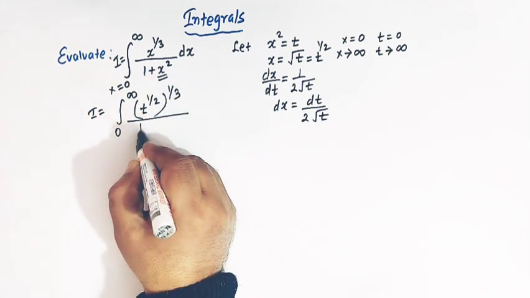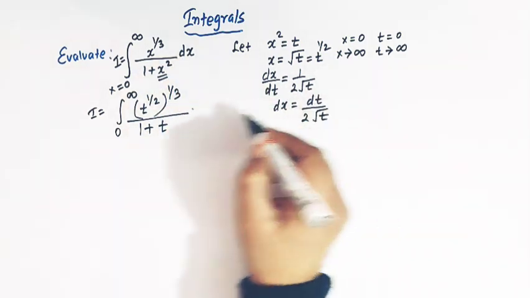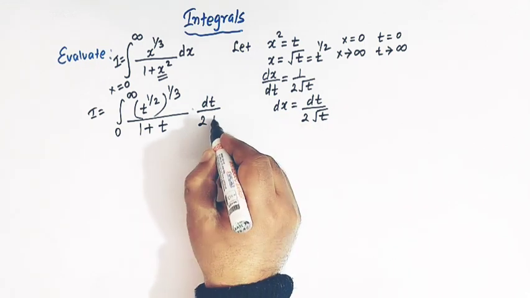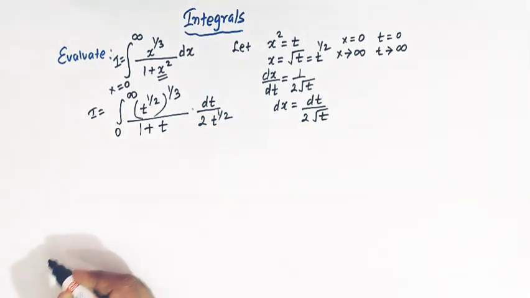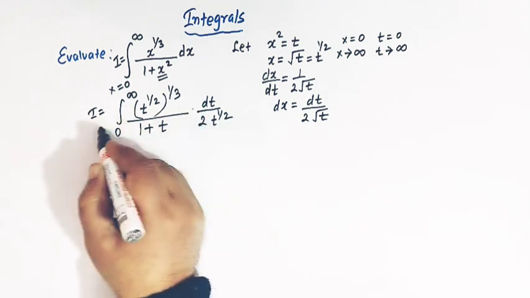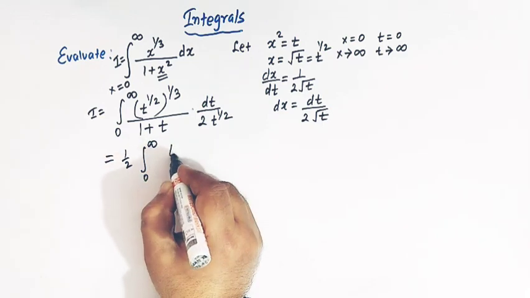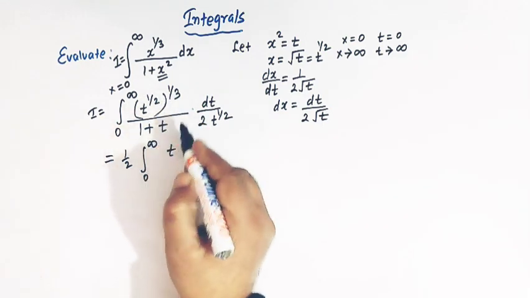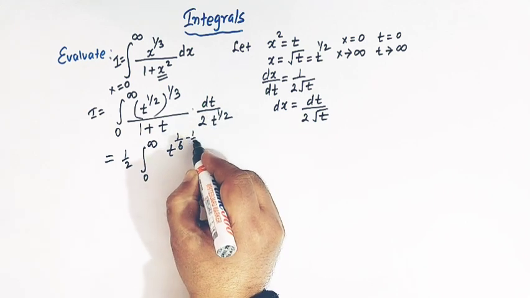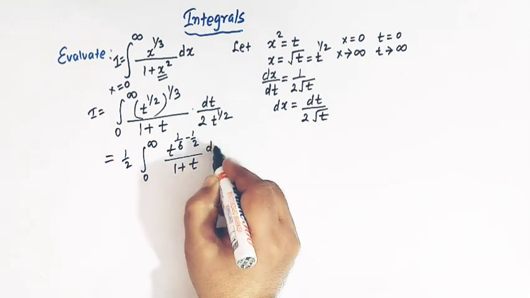And in the denominator we have 1 plus t, and for dx we can now write dt over 2 times t raised to half, right? So let us rearrange the terms. Now we can take half outside the integral. So we have half 0 to infinity t raised to 1 over 6, and taking this half to the numerator we have here minus half, and then we have 1 plus t dt.